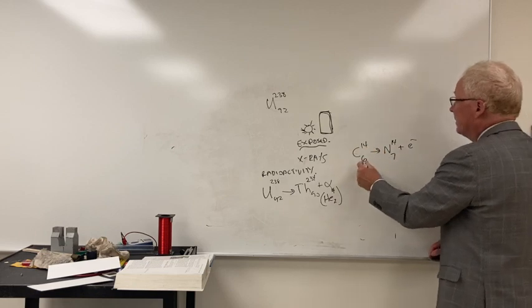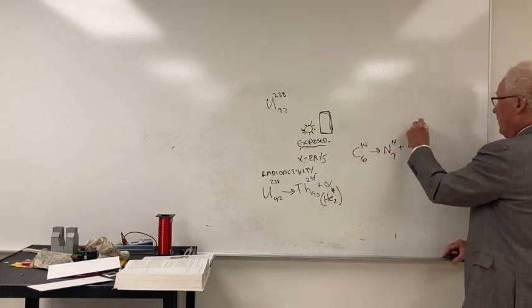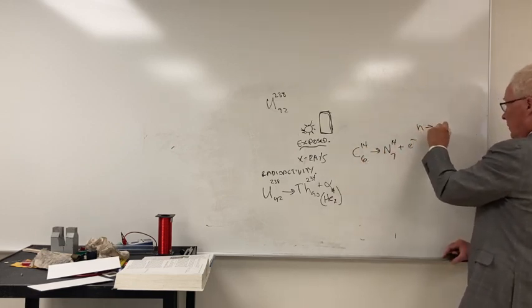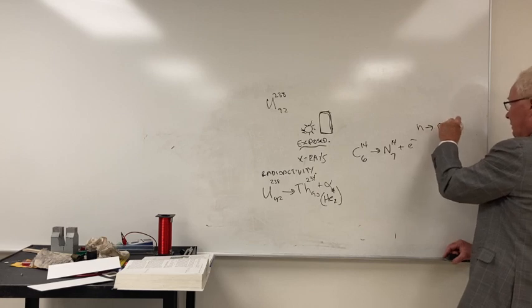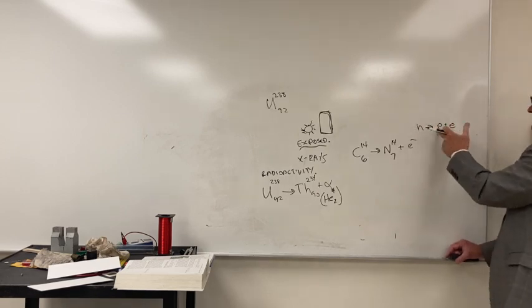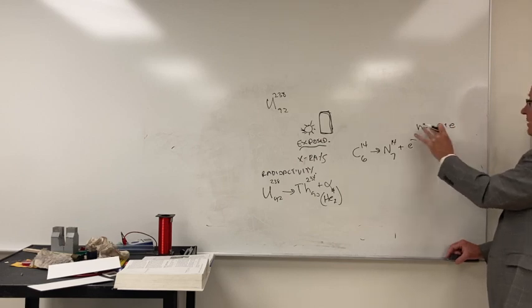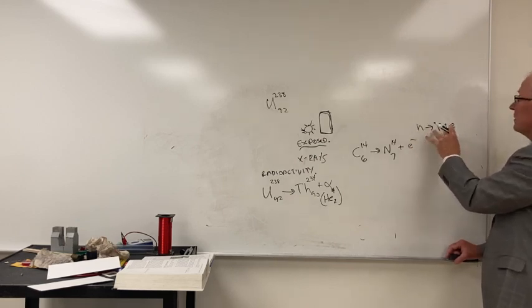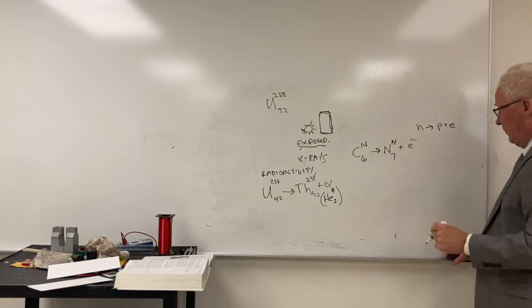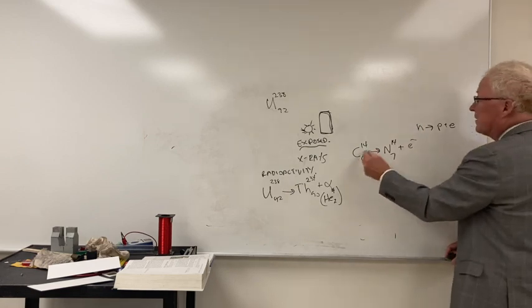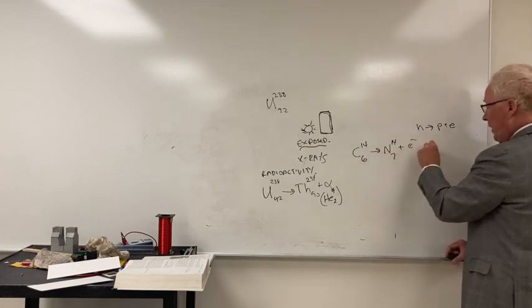And what happens is a neutron converts to a proton plus an electron, all right? Both proton and electron have opposite charge, and it turns out the mass of these is about the same as the mass of the neutron. So this is what we call a beta decay.